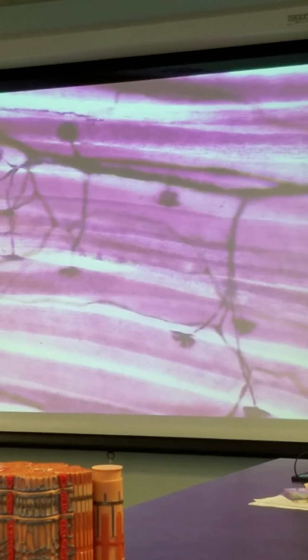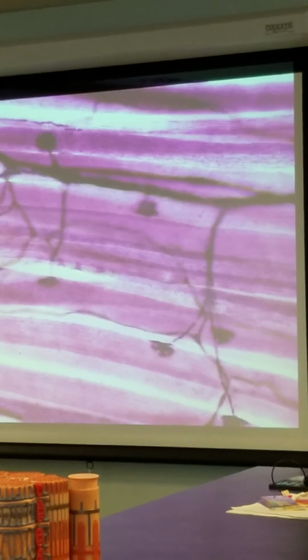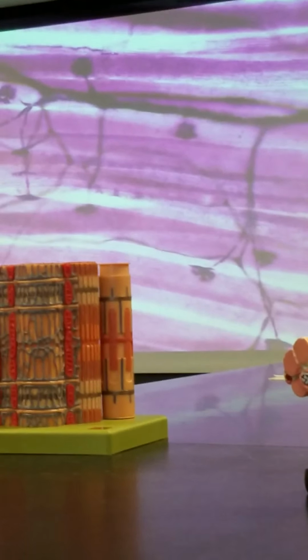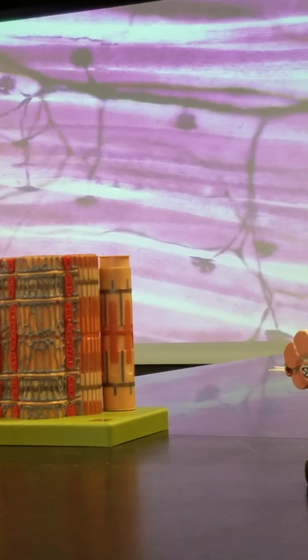And so we talk about things like striated versus non-striated. We look at the shape of the cell, whether we're dealing with a spindle shape or branching cells. And then the presence of intercalated discs and other structures help us identify the different cell types.